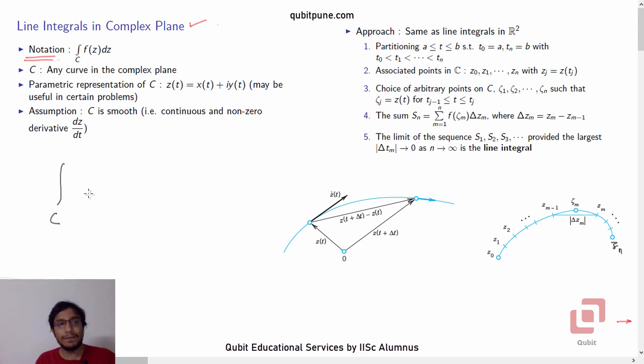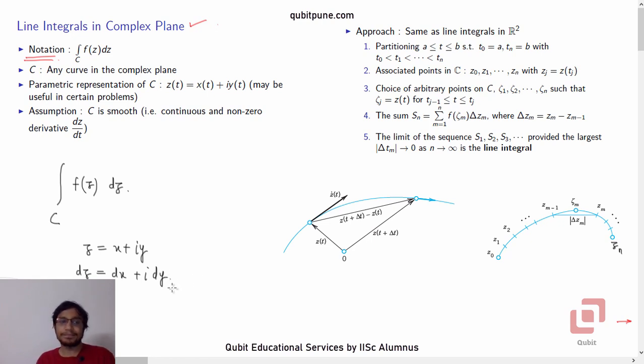Then we are given a function f of z, which is a function of a single complex variable z, and we have the complex differential dz. If z is x plus iy, dz is going to be dx plus i dy.